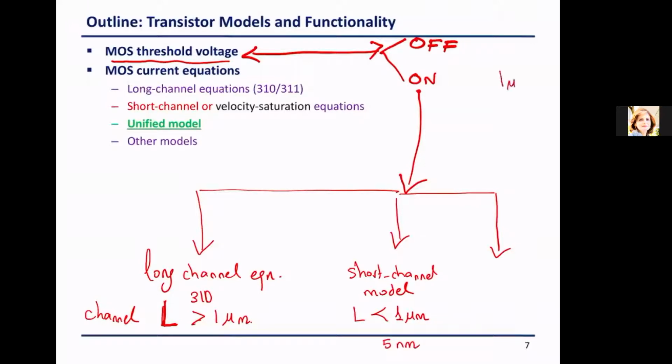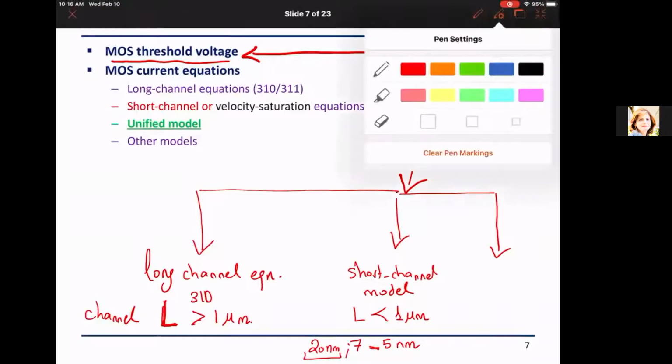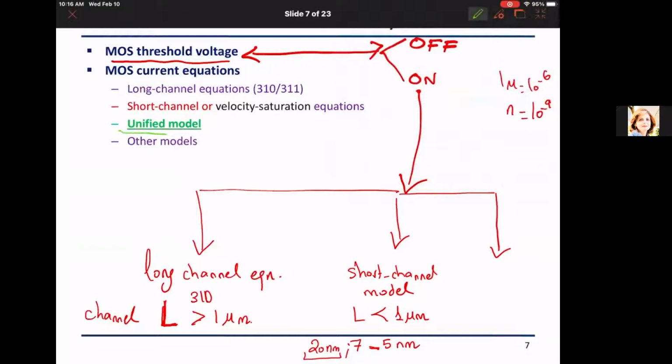You know that the micron is 10 to the minus 6 and the nano is 10 to the minus 9. Okay, so today's future transistor is 5 nanometer. They have realized these chips of 7 nanometer, and today's fabricated chips are in the order of L equal 20 nanometer. Okay, now we will present a unified model.